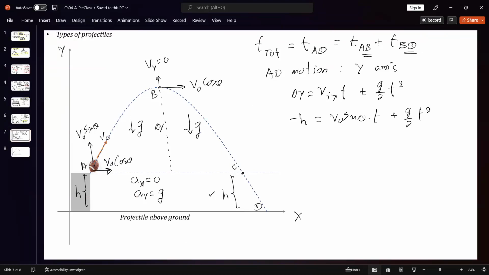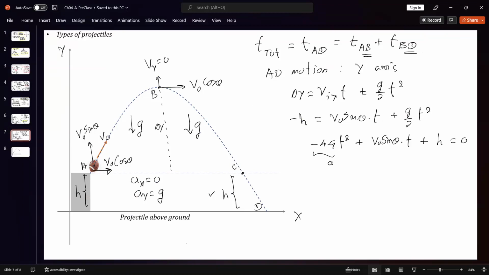Now this becomes a quadratic equation, and you need to solve it. This is going to be negative 4.9 times t to the power 2, plus positive v0 sine theta times t, plus positive h, equals 0. H is the height. Since I applied the negative sign here, I just need the number for h there.